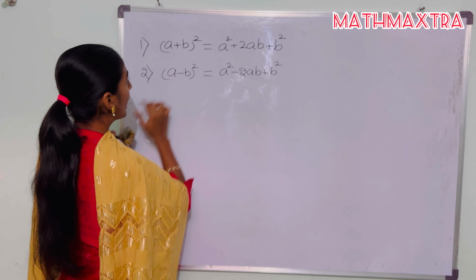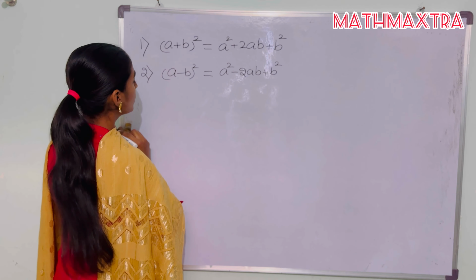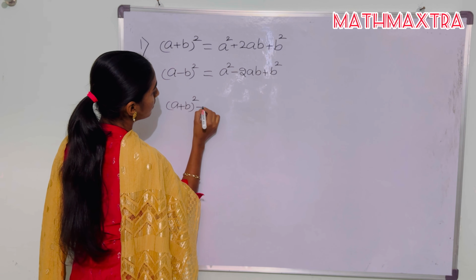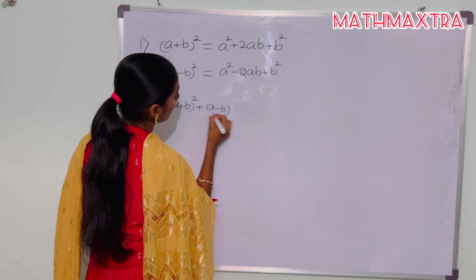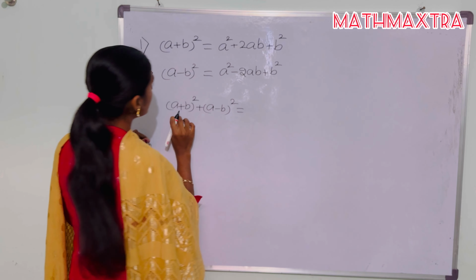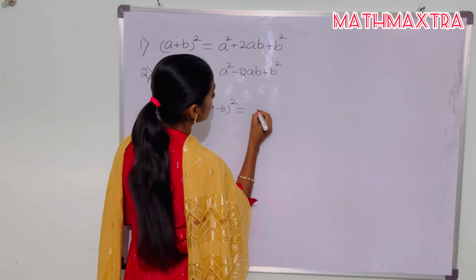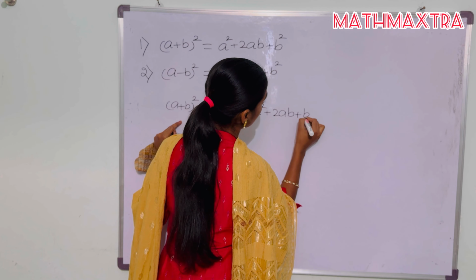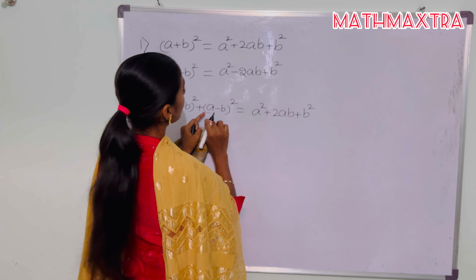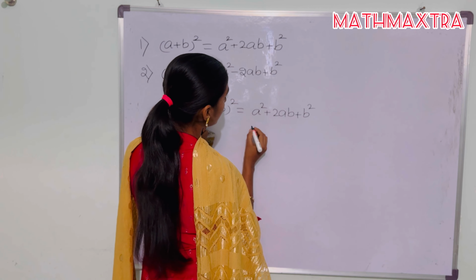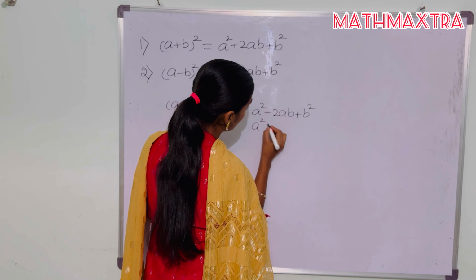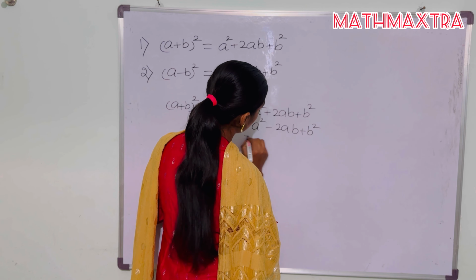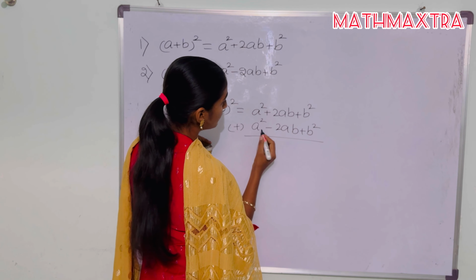Now if you add these one and two, what happens? (a + b) whole square plus (a - b) whole square. What is the value of (a + b) whole square? Which is a square plus 2ab plus b square. Okay. And plus a square minus 2ab plus b square, right? So what is the sum of these two?